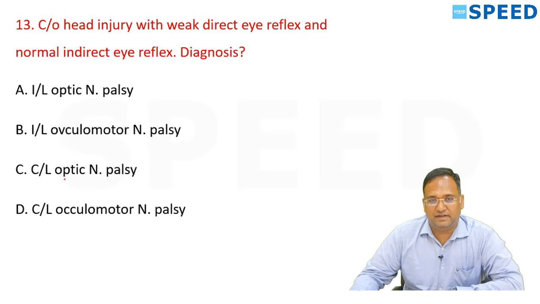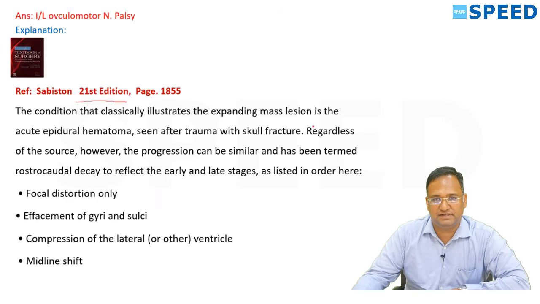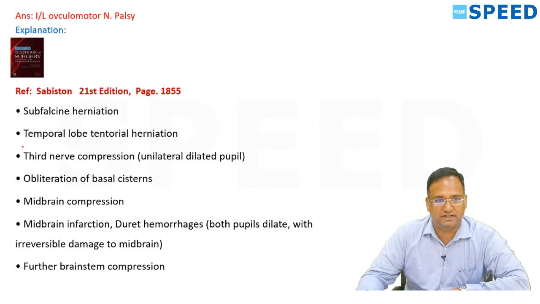Head injury with a direct eye reflex lost and normal indirect eye reflex, what is the diagnosis? Correct. The right answer is ipsilateral oculomotor nerve palsy. From Sabiston, 21st edition: a condition that classically illustrates the expanding mass lesion is acute epidural hematoma seen after trauma with skull fracture. Regardless of the source, the progression can be similar and has been termed rostrocaudal deterioration, reflecting early and late stages, listed in order: focal distortion and effacement of gyri and sulci, compression of lateral ventricle, midline shift, subfalcine herniation, temporal lobe tentorial herniation, third nerve compression.